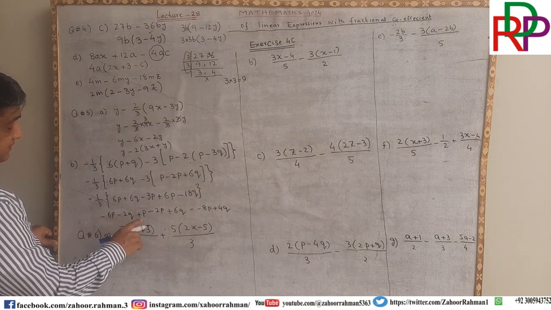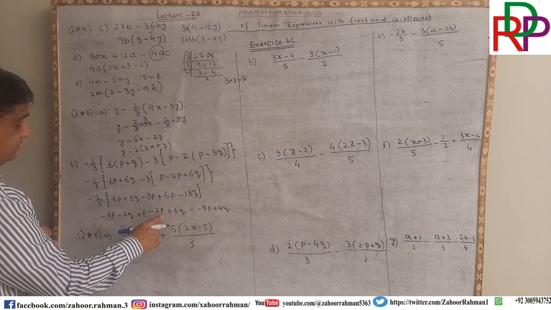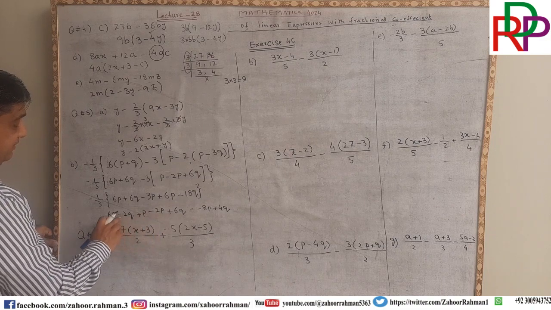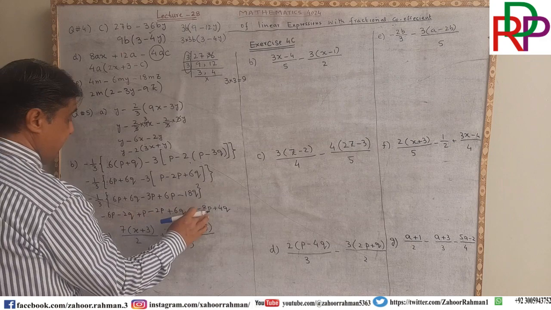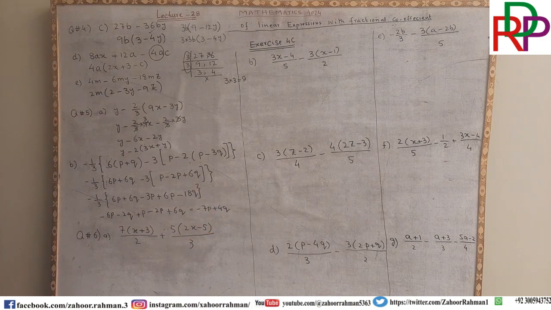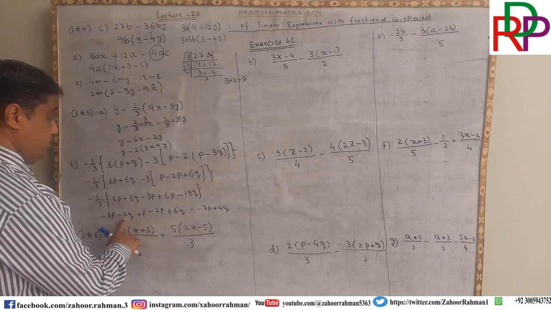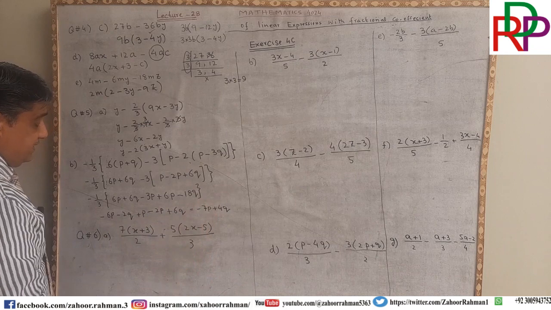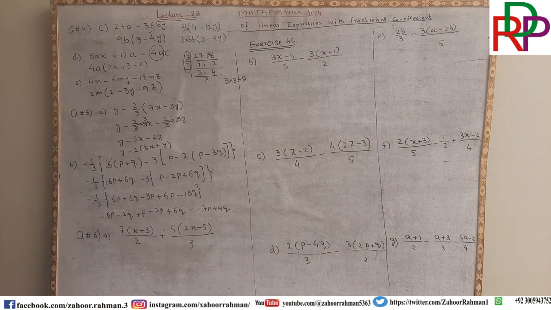So minus 6p plus p and minus 2p, minus 8p and plus p, minus 7p. And then we are having this minus 2q plus, and this will be the final answer after the expansion.